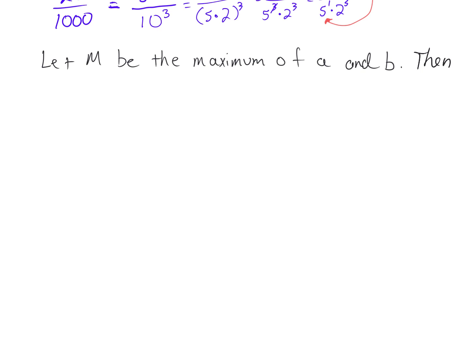Then let's say 10 to the power m times 1 over 2 to the power of A and 5 to the power of b.